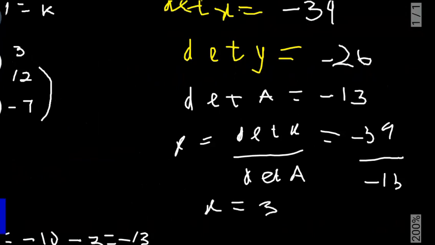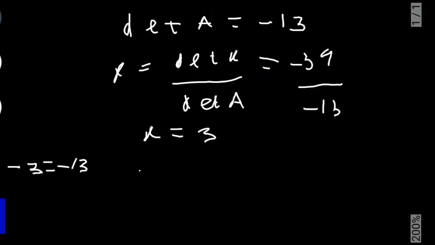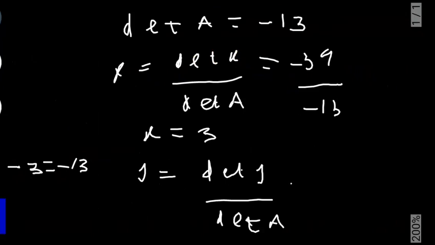To get Y is also the same thing: determinant Y over determinant A. So Y is equal to determinant Y over determinant A. Determinant Y was -26 over -13.